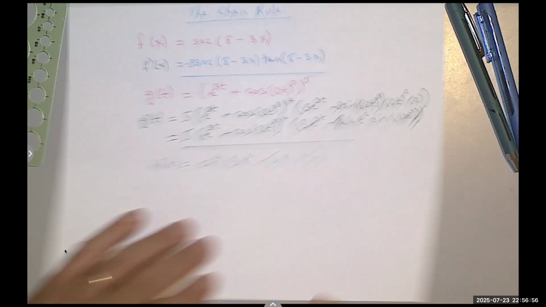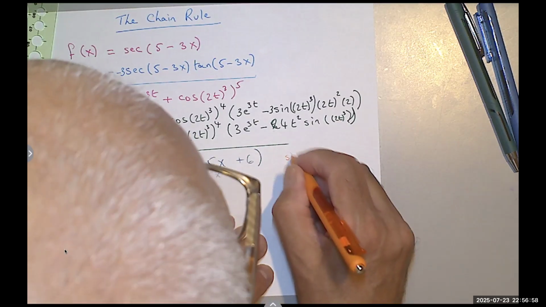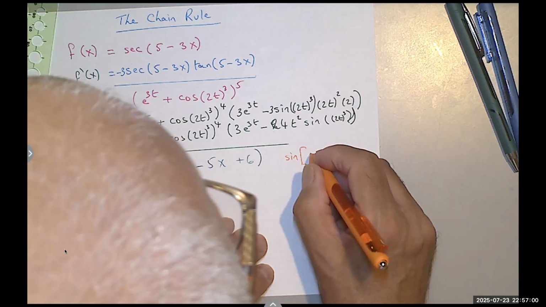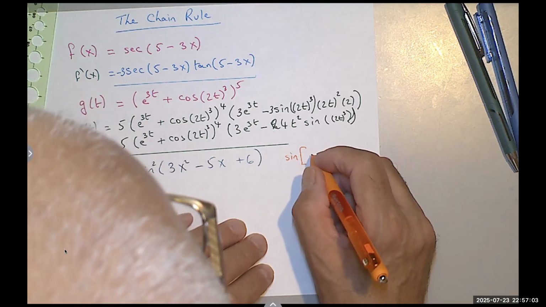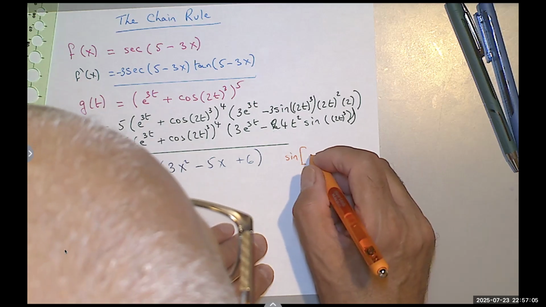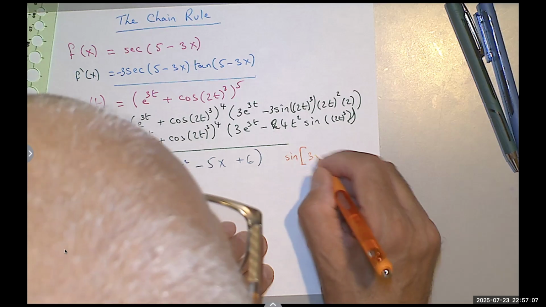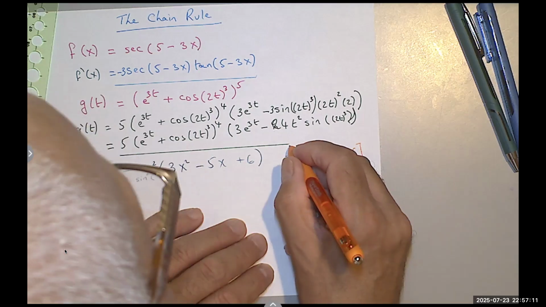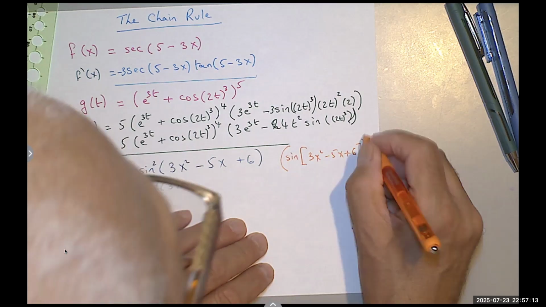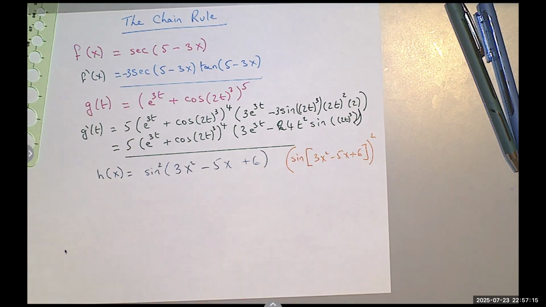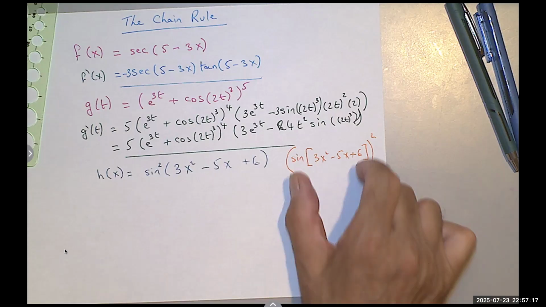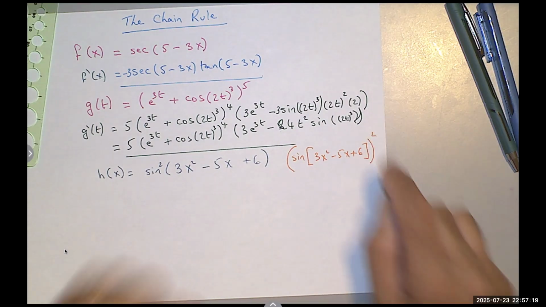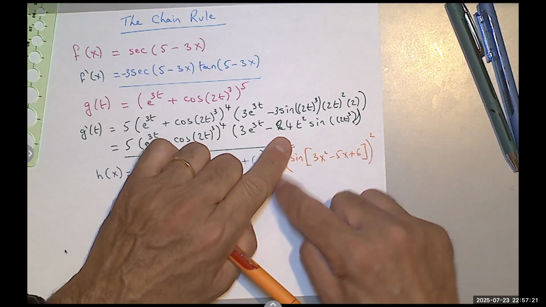But that basically means sine of 3x squared minus 5x plus 6, and then quantity square. That's basically what it means. You take the sine and then you square it, not you square and then take the sine.